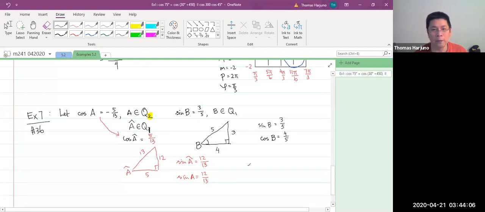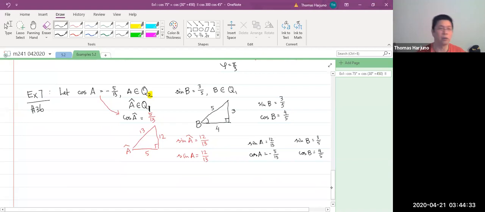We already have sine A, which is 12 over 13. For cosine A, that's given, negative 5 over 13. And then sine B, that's given, that's 3/5. Cosine B, because it's the first quadrant, will also be positive.